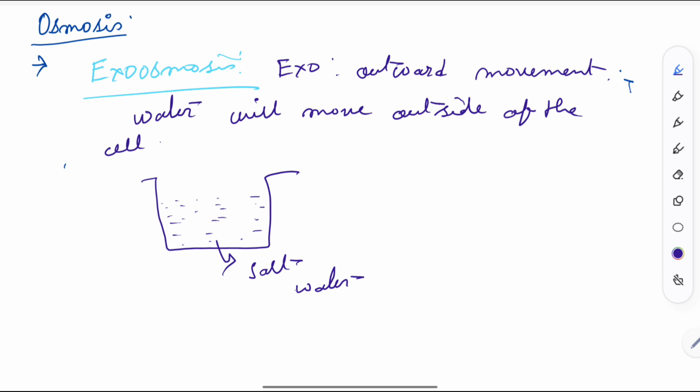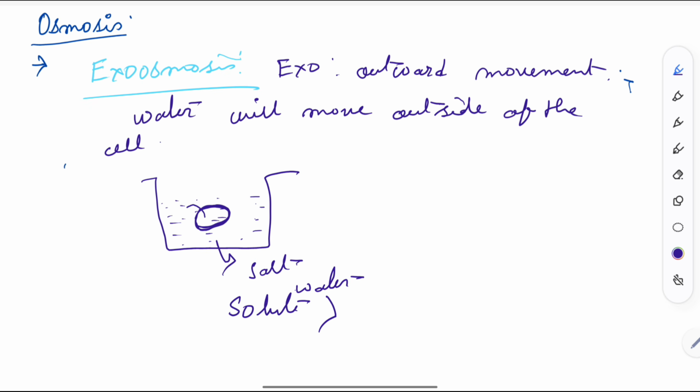It means solute concentration is more and solvent concentration is less. So now if here you place a grape or any other cell.